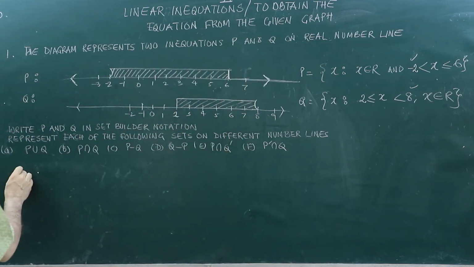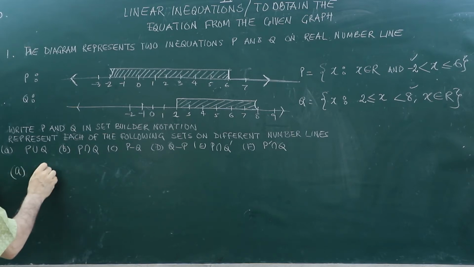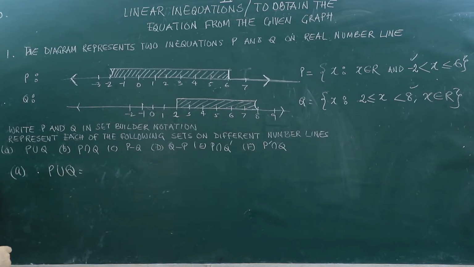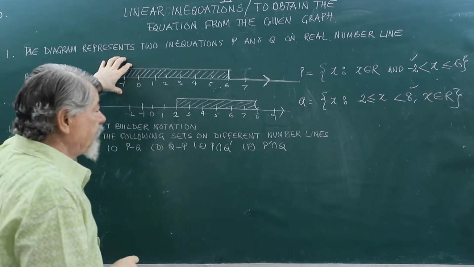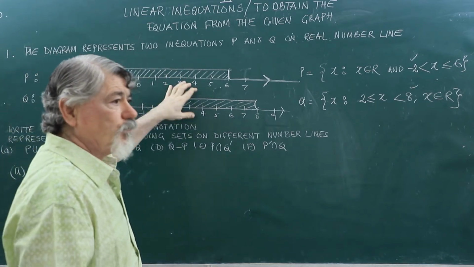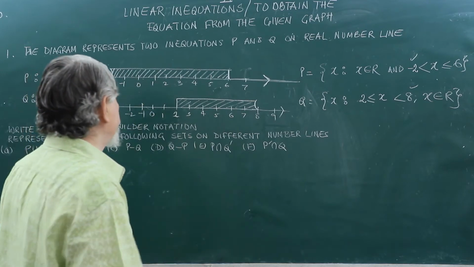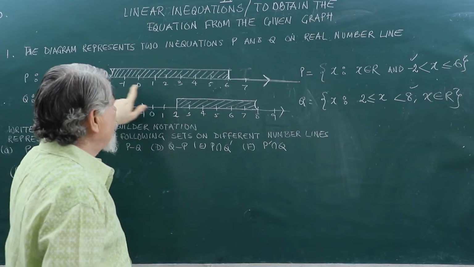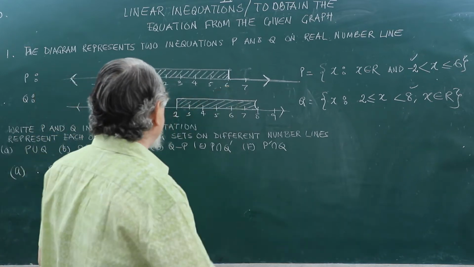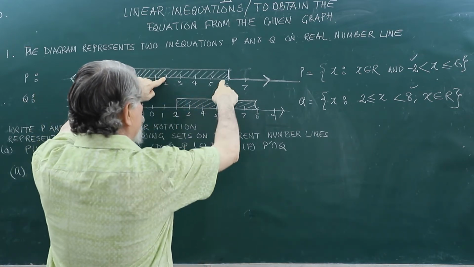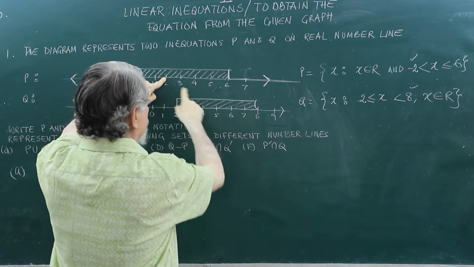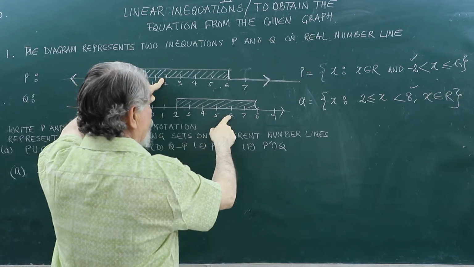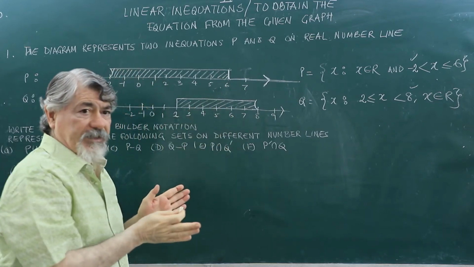So let's take A, P union Q. Union means elements of P, elements of Q, or elements of P and Q. Now that means we are starting from -2 from here and going till 6. Now you see the elements from 2 to 6 are common to both. Because 2 is here also, 2 is here also, 6 is here also, 6 is here also.